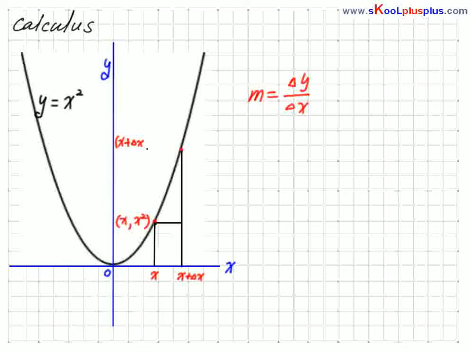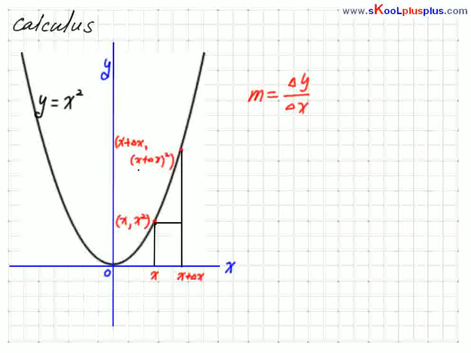Alright, so this coordinate is x plus delta x comma, so y is this, x plus delta x squared. That's it. So this is y.